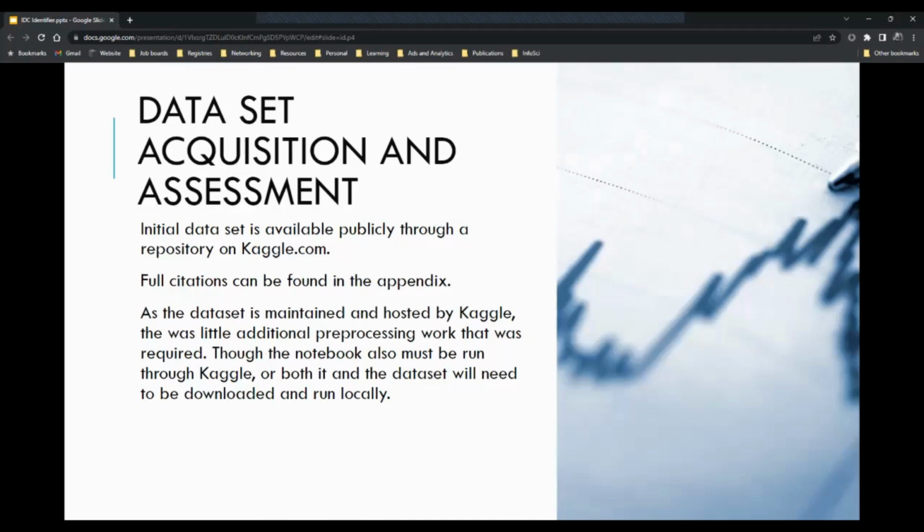And the notebook was also open via Kaggle. Because it was a Kaggle hosted data set, we found it best to use a Kaggle open web notebook, and plans for the future are to reroute that Kaggle directory to a local or cloud-based directory for use with enterprise data, as opposed to Kaggle's own public data sets.